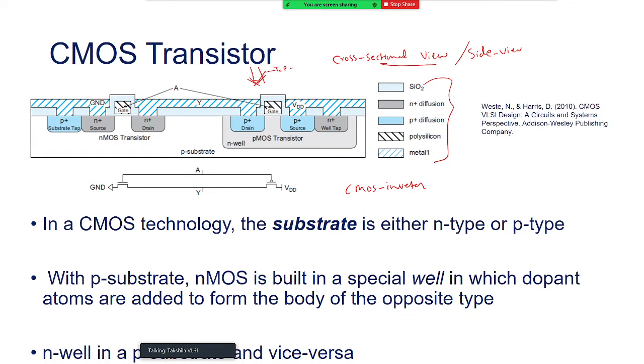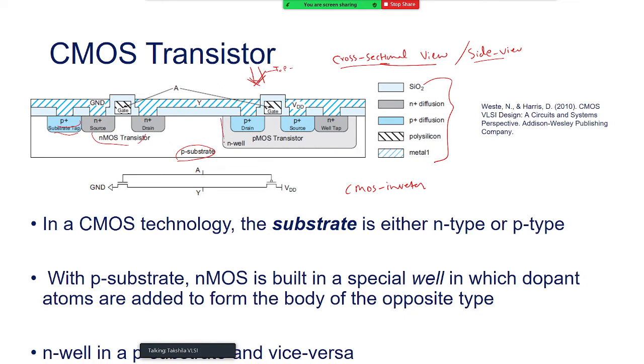So I hope you understand the difference between the cross-sectional view or side view and the top view. So look again, we are having the P body in which NMOS is there. Its body connection is also there. I call it this P diffusion area and substrate tap. So I am having access to it.